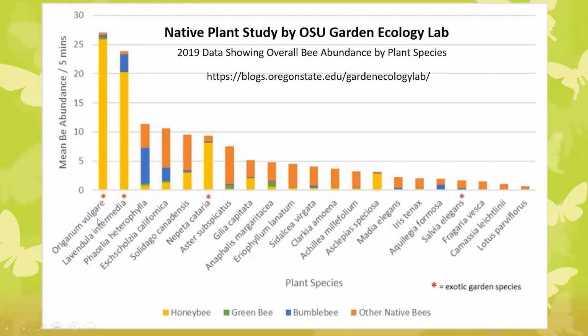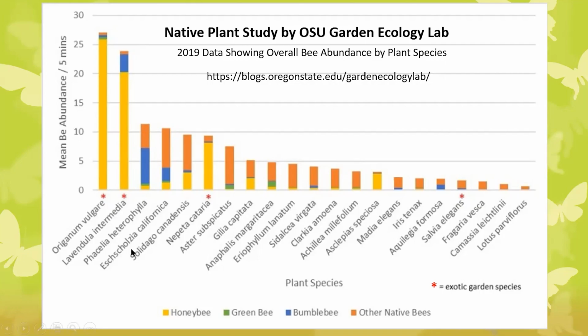And the way they figure out whether a bee likes a plant is they sample for 5-minute intervals all the bees that are on that plant with a vacuum.